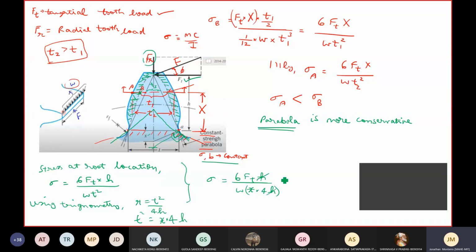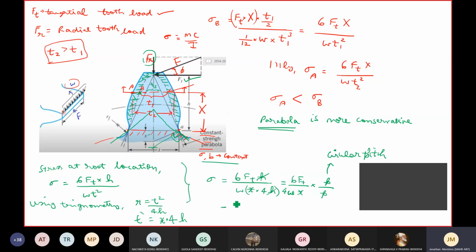What we are left with is 6Ft by W x into 4, or you can say 4Wx. Now what I'll do is multiply and divide by the same quantity called p, which is the circular pitch.